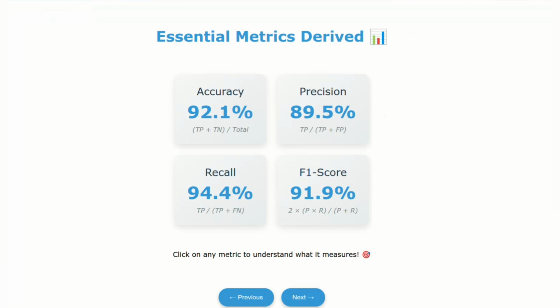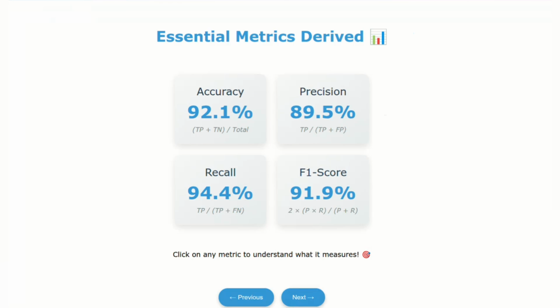This tells us the overall correctness of our model. In our example, that's 85 plus 90 divided by 85 plus 90 plus 10 plus 5 equals 92.1%.